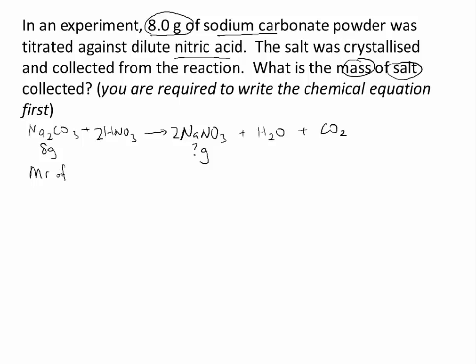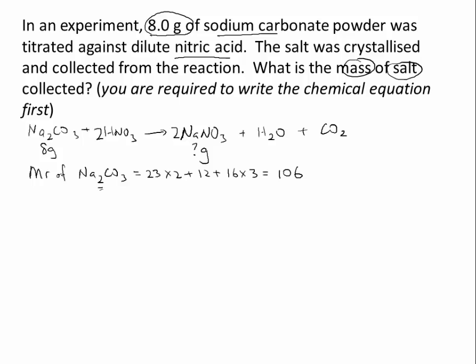MR of Na2CO3 is equal to relative atomic mass of sodium 23 times 2 because there are 2 sodium, plus relative atomic mass of carbon, plus relative atomic mass of oxygen times 3, and that gives you 106. So the molar mass is 106 gram per mole.